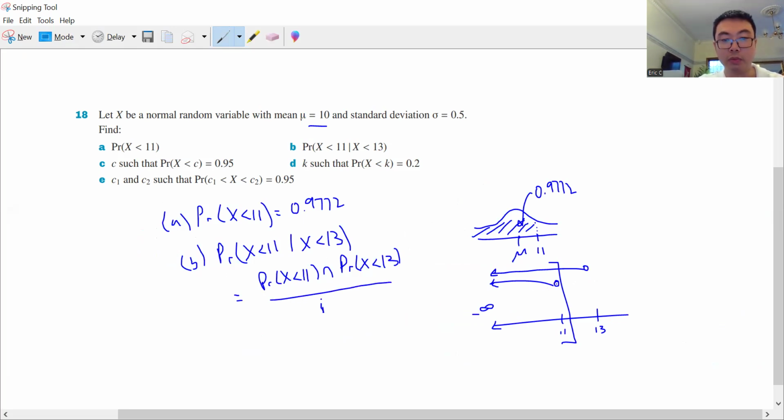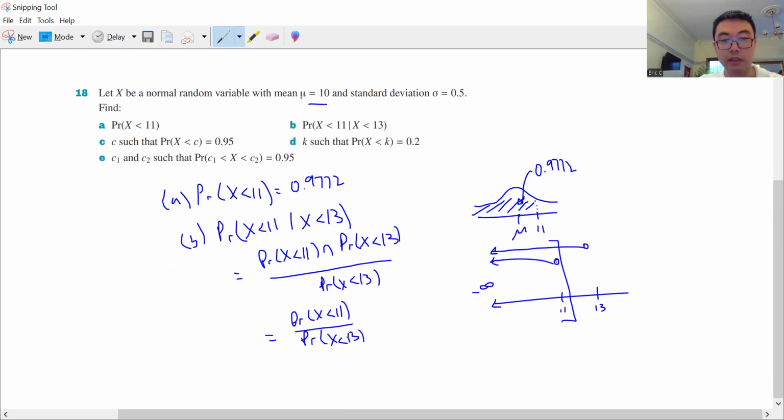So we can rewrite the numerator as the probability of X is less than 11, and the bottom one is still the probability of X is less than 13. Now, the probability of X is less than 11 is the answer from part A, and then we just need to solve for the denominator. Then we divide those two and we get our answer there.